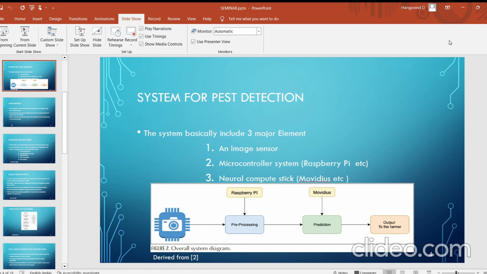After this classification, the final data is transferred to the user for further processing.